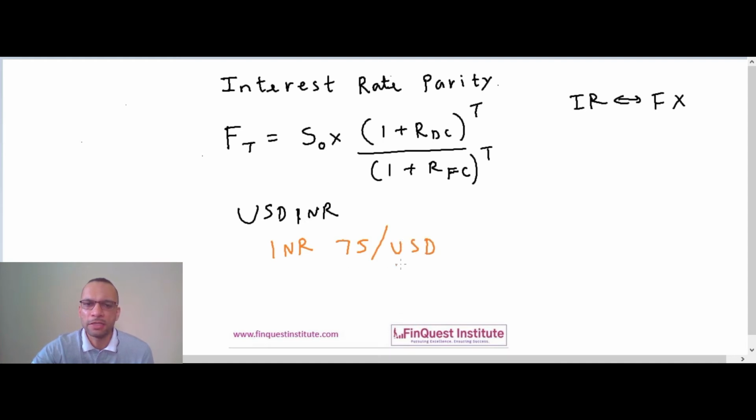The way to interpret this is 1 unit of US dollars is equivalent to 75 units of INR. So whenever a currency is quoted as per unit of a certain currency, that per unit currency becomes the foreign currency. In this case, USD is considered the foreign currency and INR is considered the domestic currency.